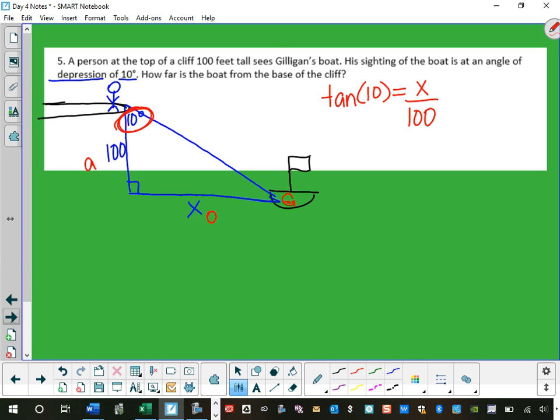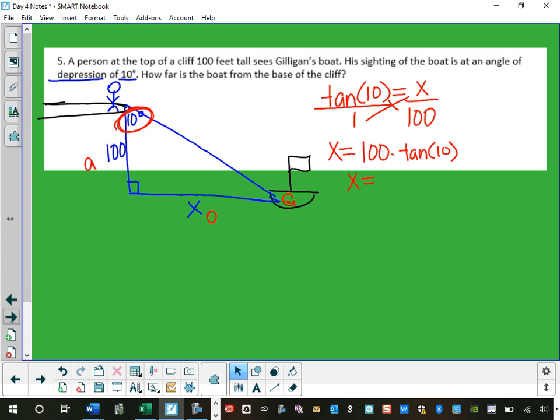All right, Brian's been telling us to divide by 1 and then cross multiply. So 1 times x is x. And do the same for the other side: 100 times tan of 10. What did you get?